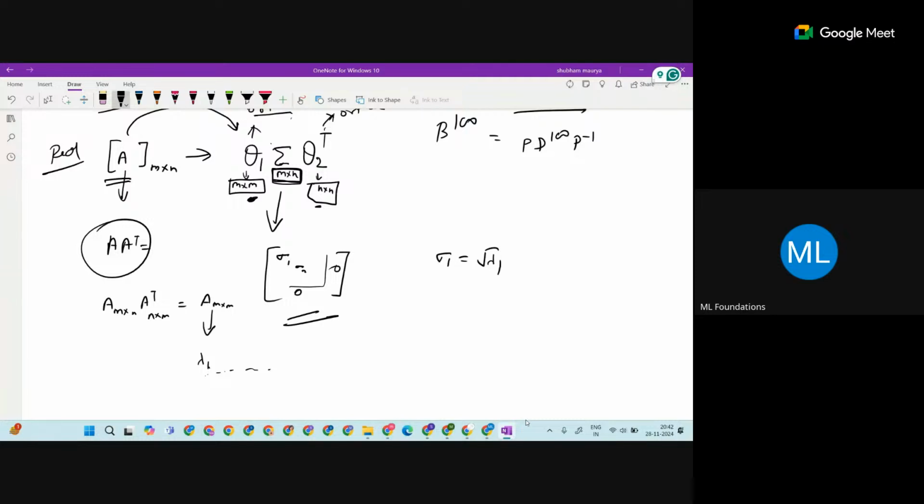I'm not sure what the inner part's order is going to be, but this order is going to be m cross m. Okay, sir. If you see the whole procedure, you will get that idea of what the order is going to be.